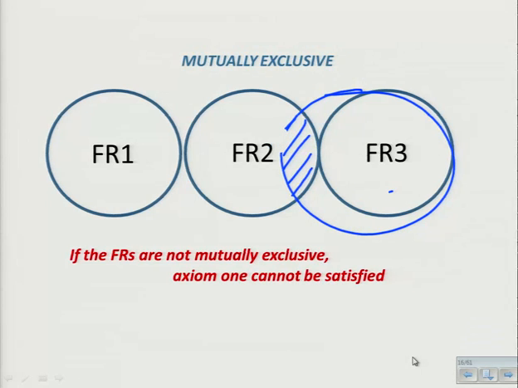Oops, let me see if I can repair that. So FR3 and FR2, if they have this area in common, some changes in FR3 will result in a change in FR2, and so I won't be able to make them independent, and therefore axiom 1, the independence axiom, cannot be satisfied.